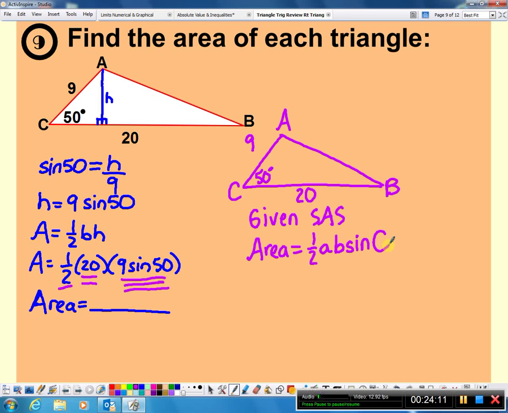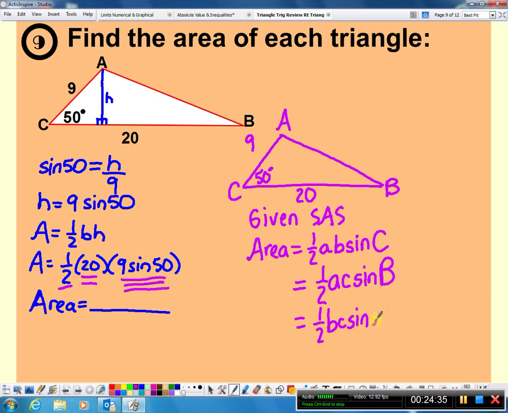You might also, depending on if you had sides a and c, then you would need angle B here. Or if you had sides b and c, then you would need angle A there. But those are 3 quick versions of the same area formula.